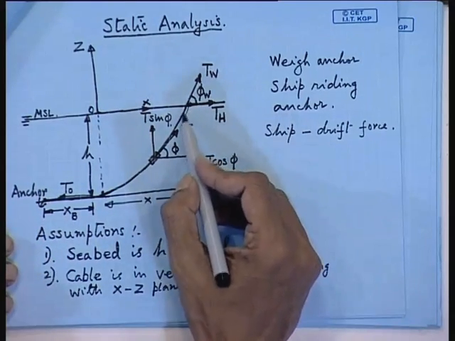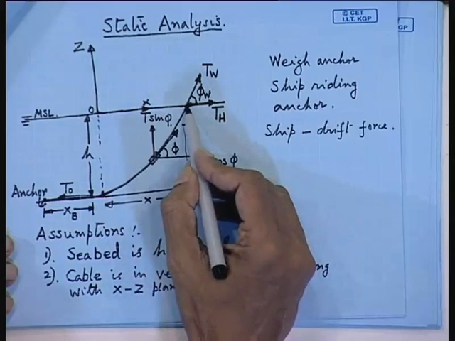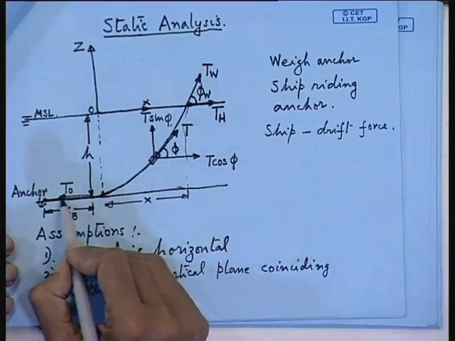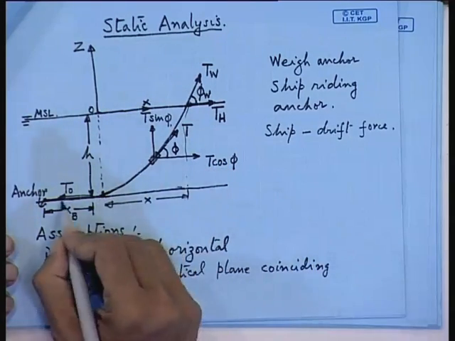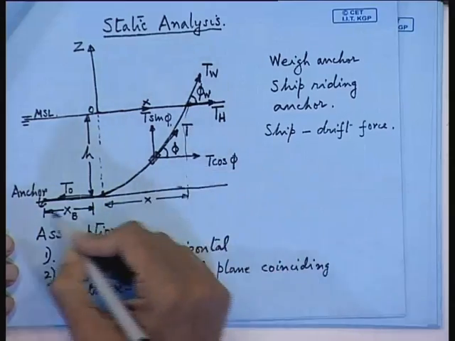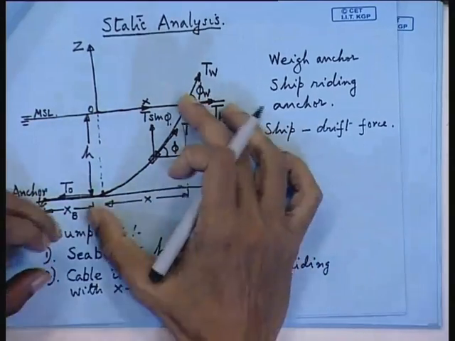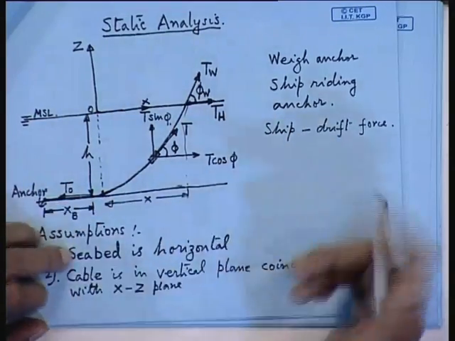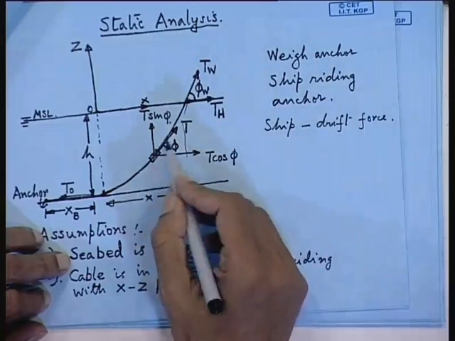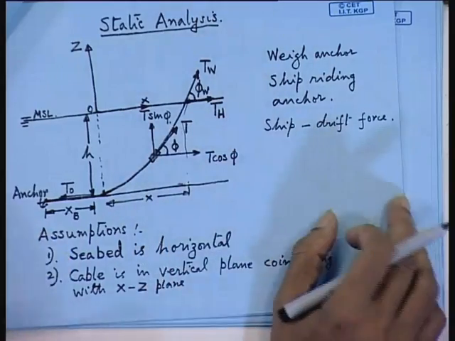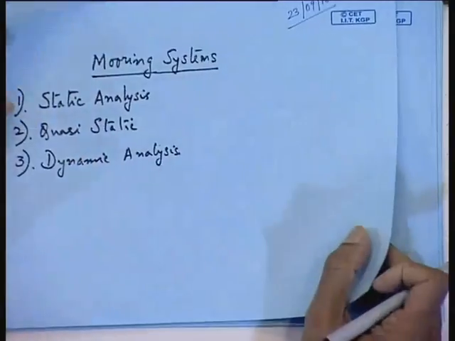For the length of the chain cable, from the total length you subtract the portion lying on the seabed, S0. So the suspended length is S minus S0. You have to find x, h of course you know, and calculate the tension T. This is the crux of the problem you have to solve.